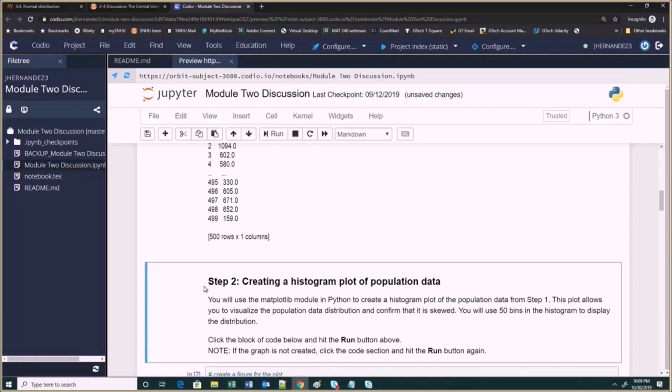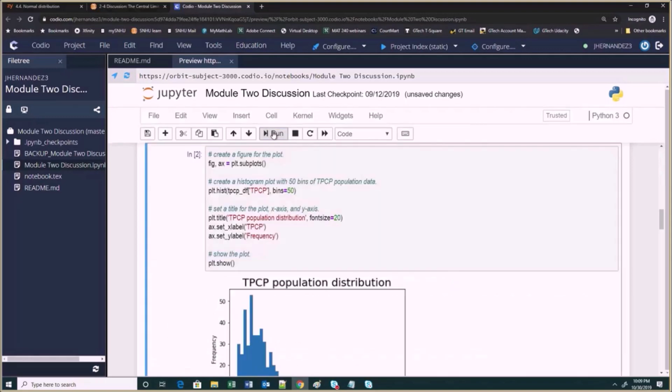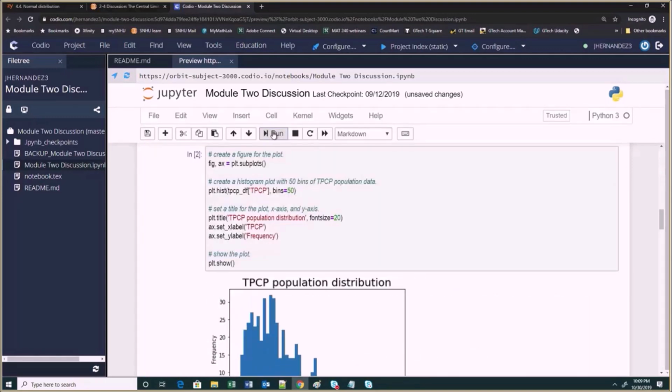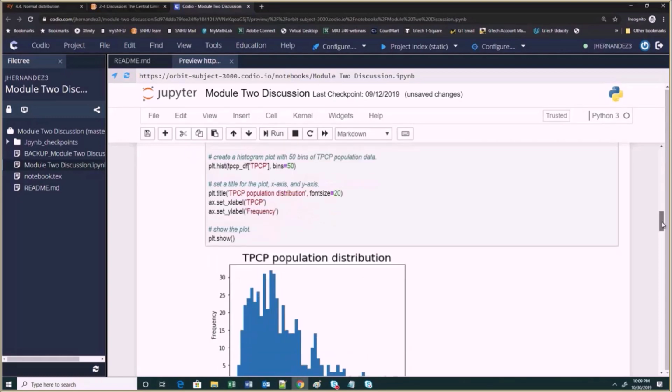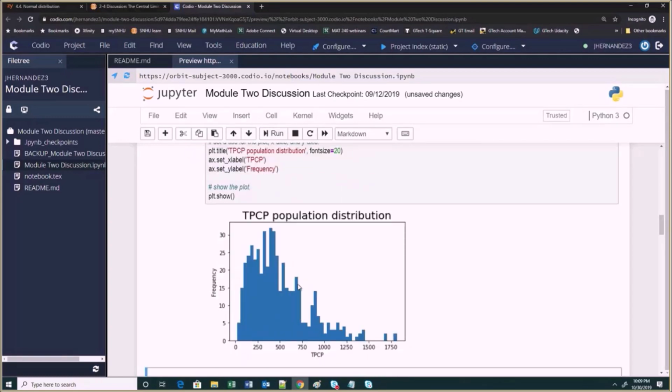So let's click. Here's the population data. So Professor Wan, what do you think of this population data distribution? Is this skewed? And if it is skewed, which way is the skew?